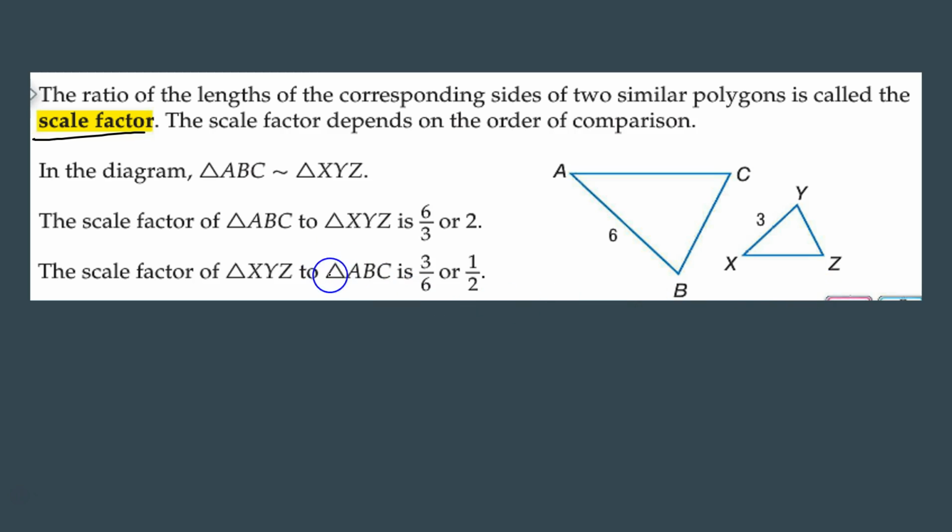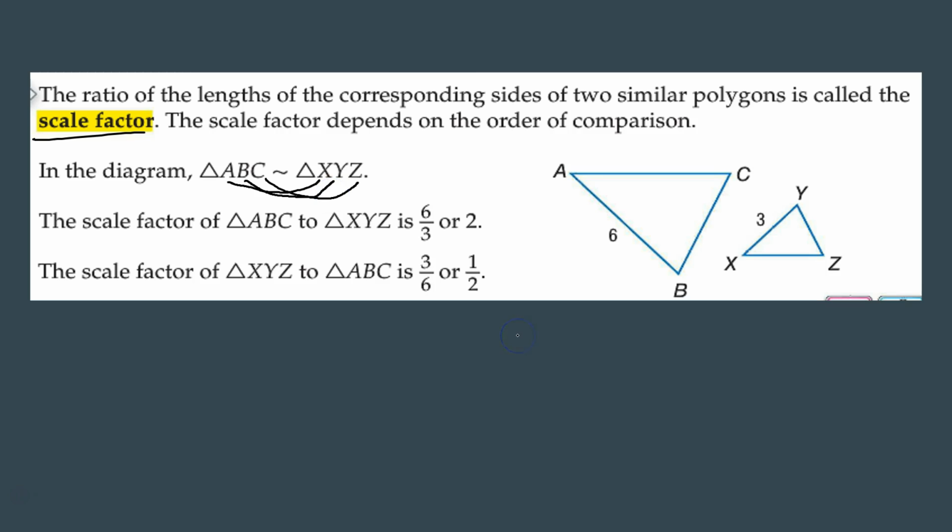When they're already saying something is similar, we need to go by the order that they're saying. Triangle ABC is similar to triangle XYZ, so A needs to correspond with X, B needs to correspond with Y, and C needs to correspond with Z.